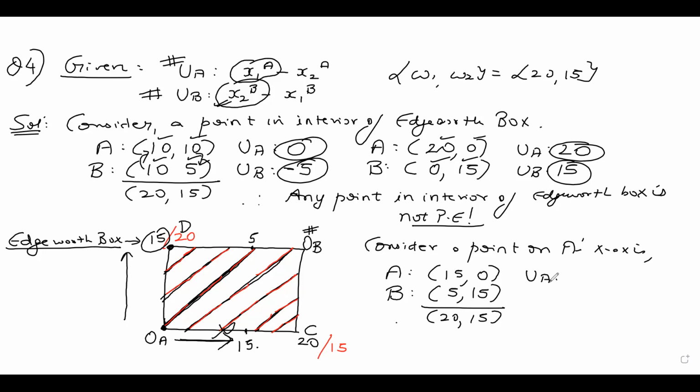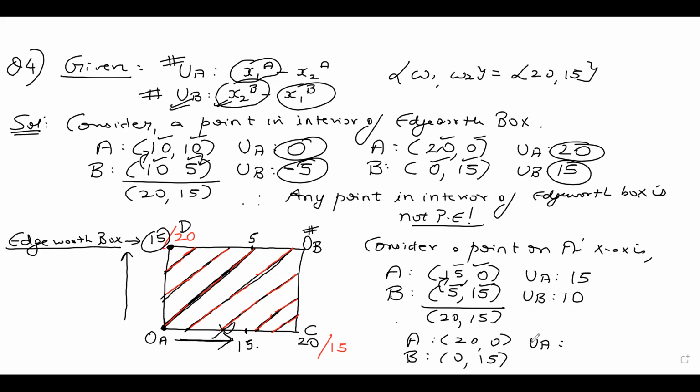The utility which A gets from its own bundle is 15 minus 0. The utility which B gets from its own bundle is 15 minus 5, which is 10. We can try to make A better off, because you can clearly see for B, x1 is a bad. So suppose B gives all units of x1 to A. Then A will have 20, 0, B will have 0, 15. The utility which A gets will be 20 minus 0, which is 20.